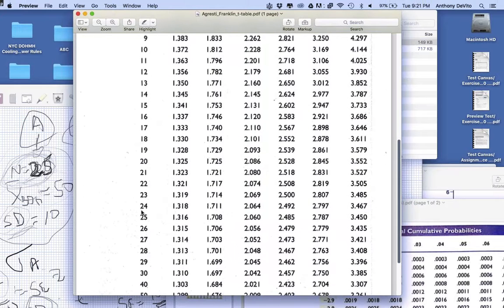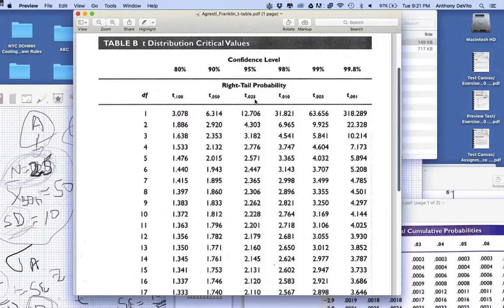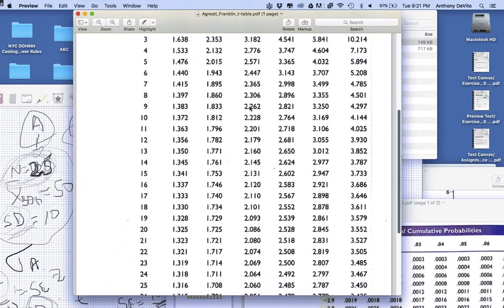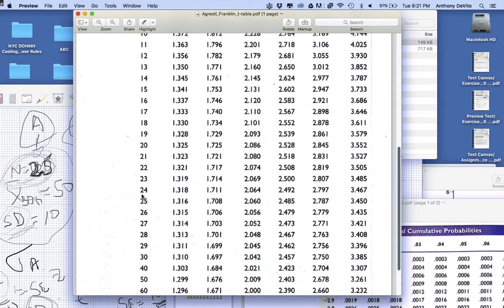So if I go down here to 24, for a right tail probability of 2.5%, in other words, double that, 5% right and left tail, or in other words, confidence interval 95%, that's our alpha equal to 5%. For that level of confidence, for an alpha error of less than 5%, I have to have a t-score for a sample size with 24 degrees of freedom that's greater than 2.064.